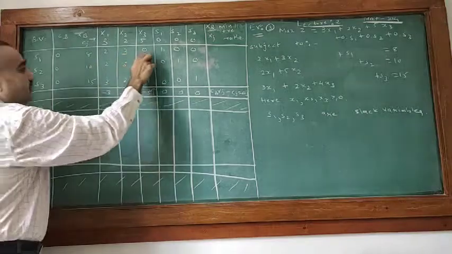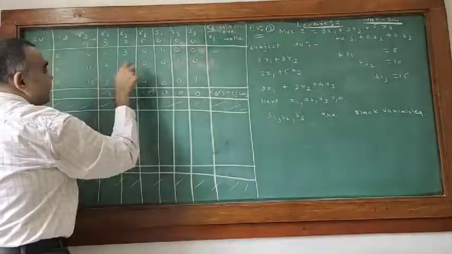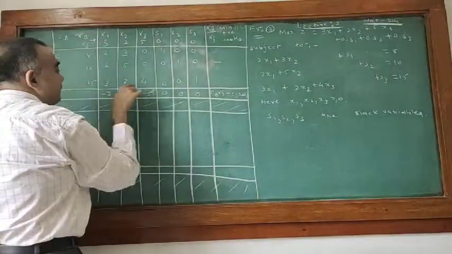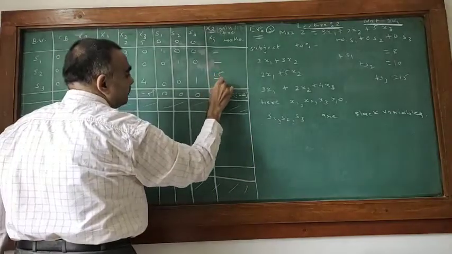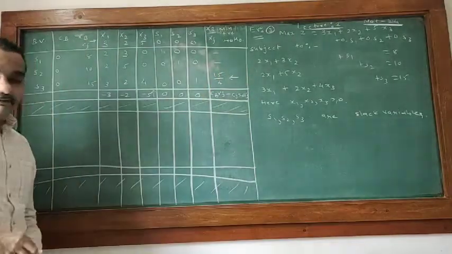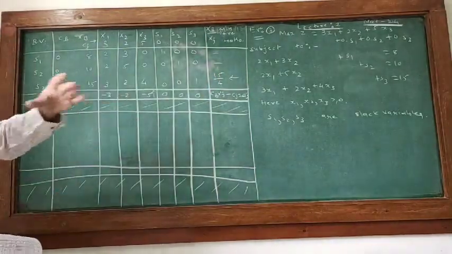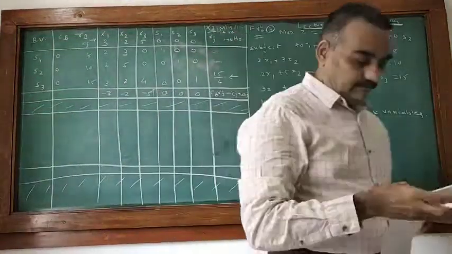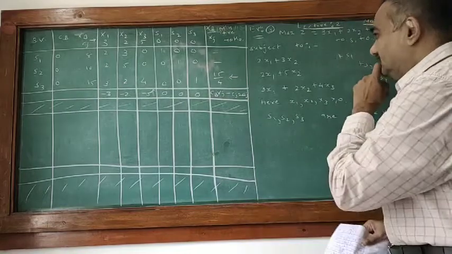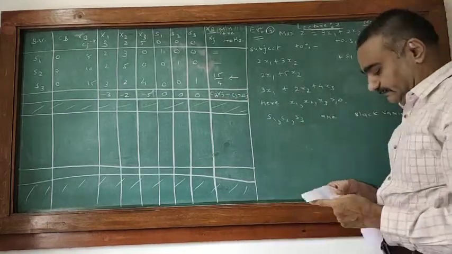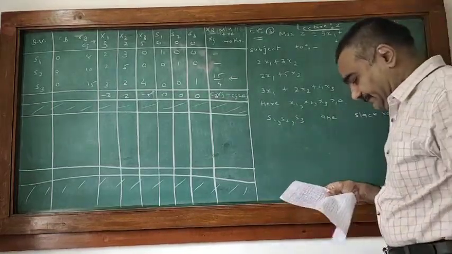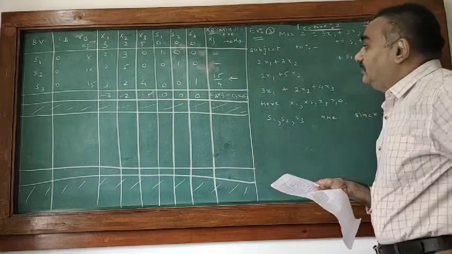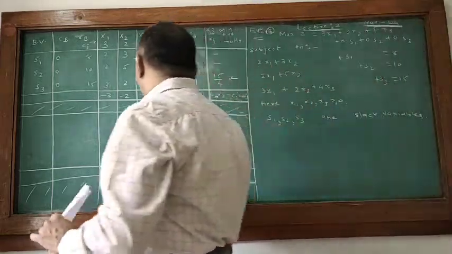So 8 upon 0, 10 upon 0, 15 upon 4. So only one minimum positive ratio, and that is this one. Please see the board very carefully. Actually the others are infinity. So this is our key element.